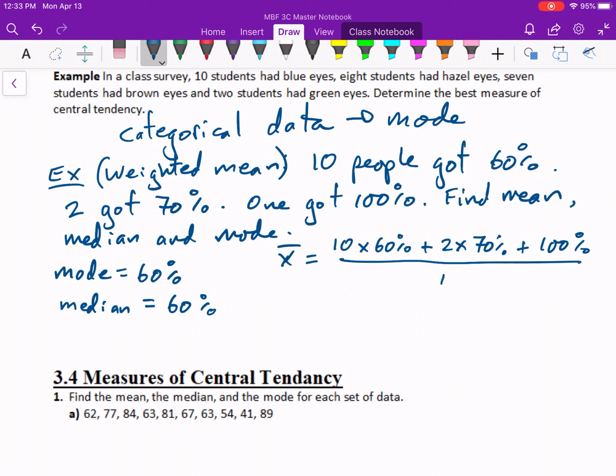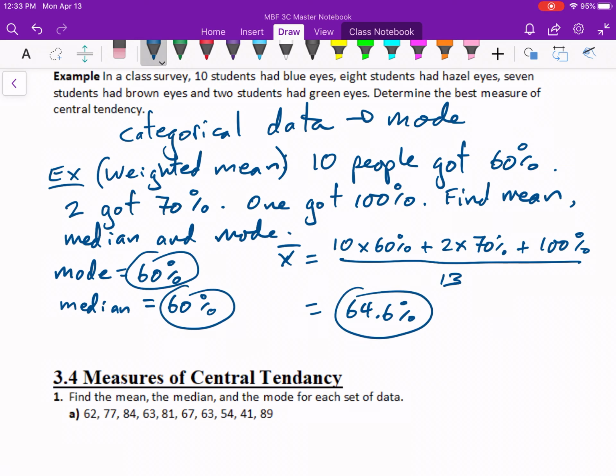And as I already said, there's 13 if we add them up. If I do 10 times 60, that's 600, plus 2 times 70 is 140, so we got 740, plus another 100 is 840. And if we do 840 divided by 13, I think what we get is 64.6%. So there's the mean, the median, the mode, and I think that might be helpful as you go forward.